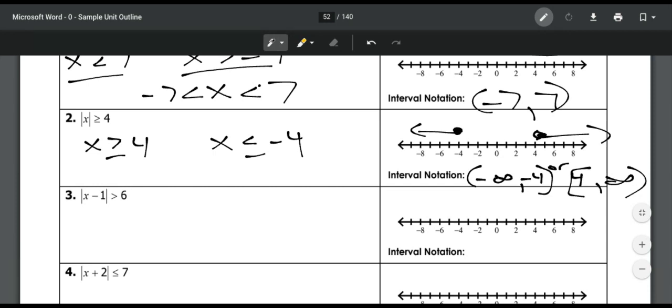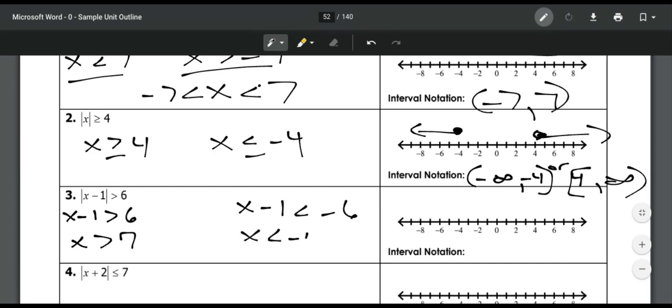Okay, on this one, the absolute value is isolated. So you're going to go ahead and do x minus 1 is greater than 6. And then you have x minus 1 is less than -6. And so on this one, we're going to add 1 and we get this. And on this one, we're going to add 1 and we get -5.